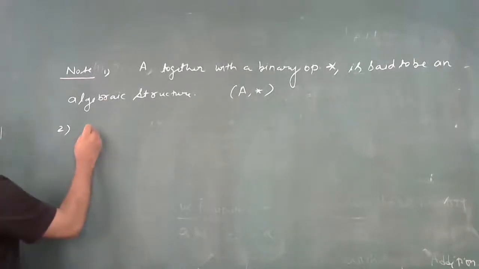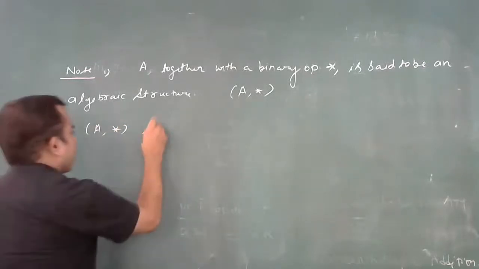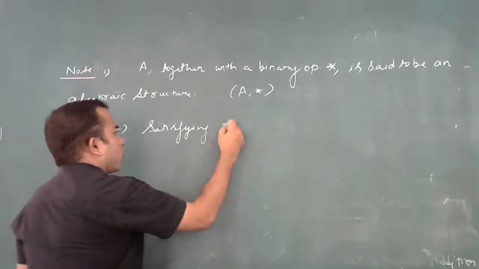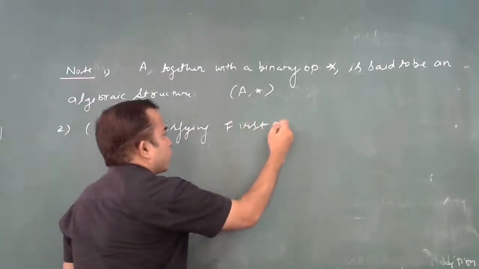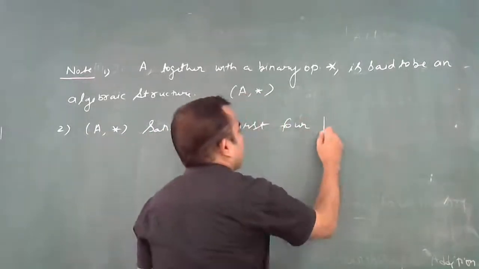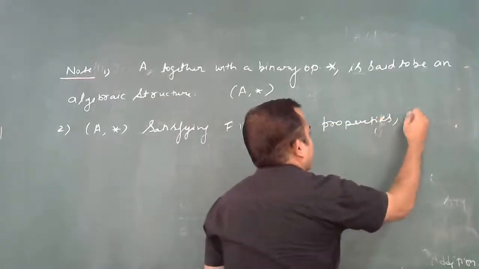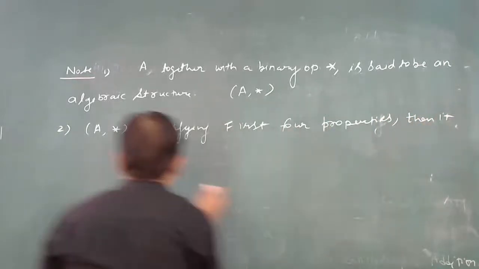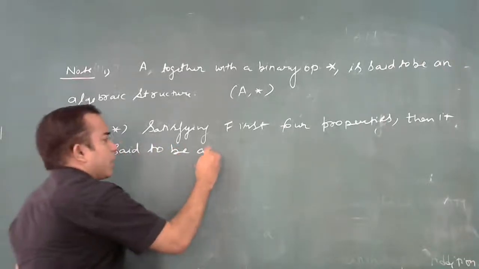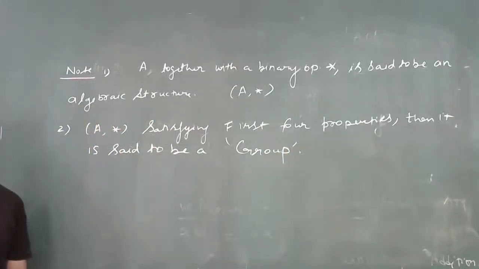One more thing, that A with some binary operation star satisfying first 4 properties, first four means commutative law छोड़ के, then it is said to be a group. है ना?